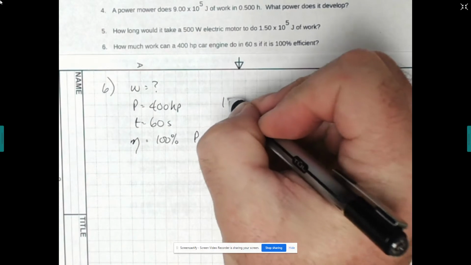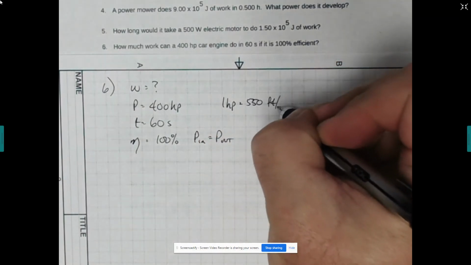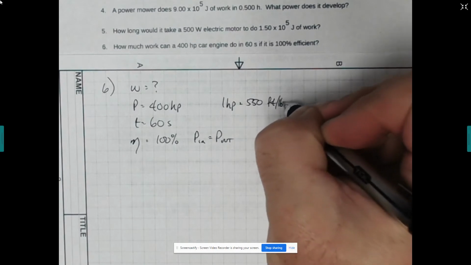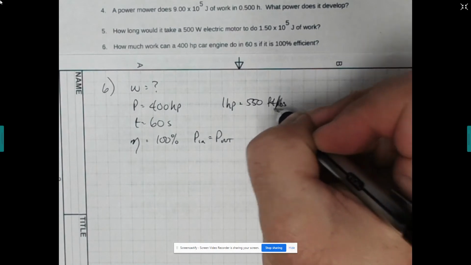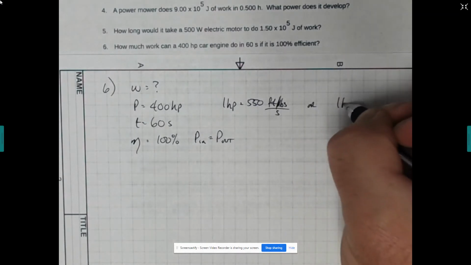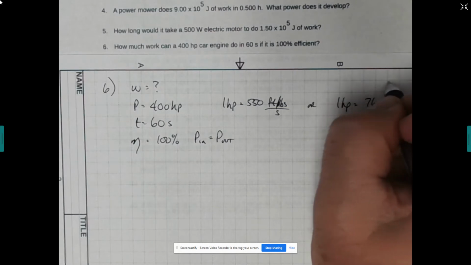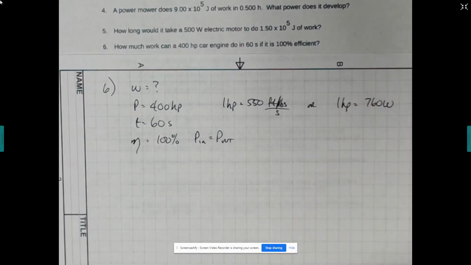Okay, so 1 horsepower is equal to 550 foot-pounds per second, or 1 horsepower equals 760 watts. Okay, so you can decide and you can convert either way to get it into foot-pounds per second or into watts.